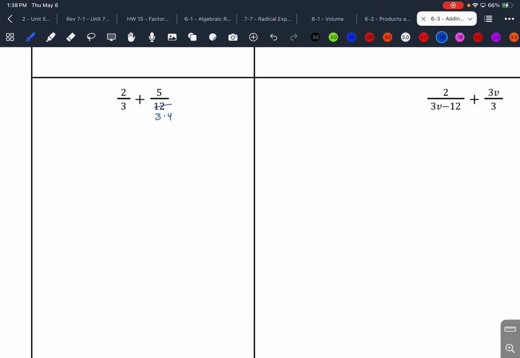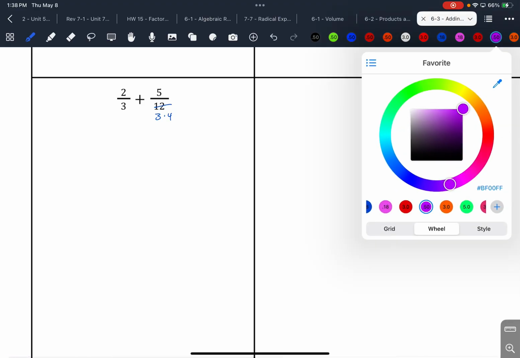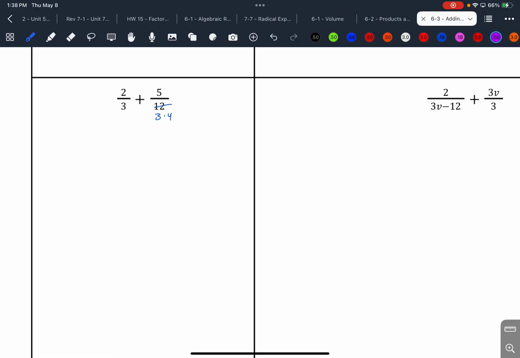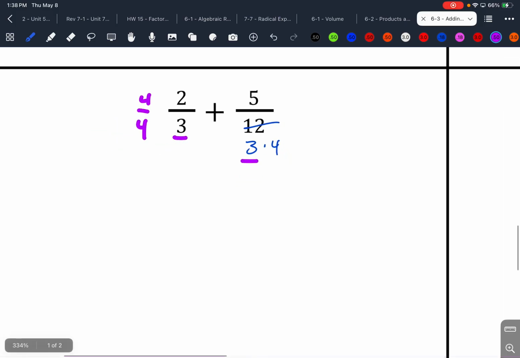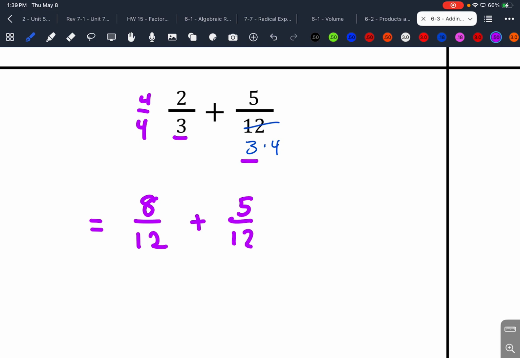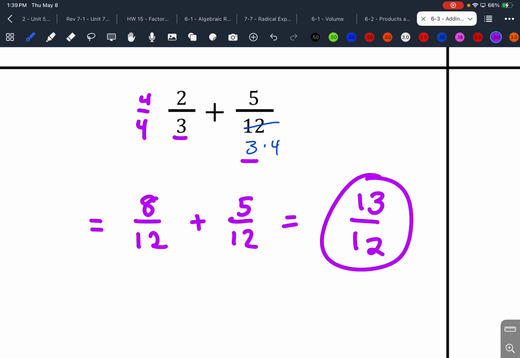Because what that allows you to do is we can ask ourselves, what are we missing on this first fraction? Well, we have a 3 in common. They already have that in common, but we need a 4 over here. So we're going to multiply this one by 4 over 4. What that does is it makes it 8 over 12 plus 5 over 12, which, as we just learned, is 13 over 12.